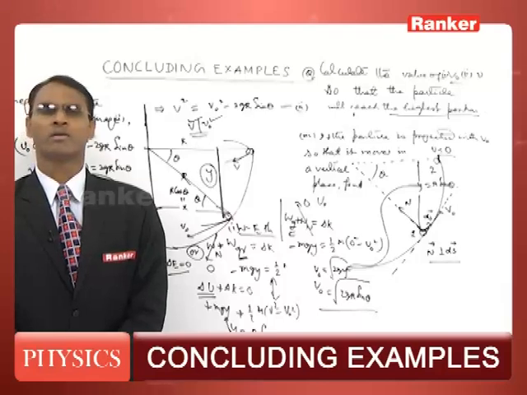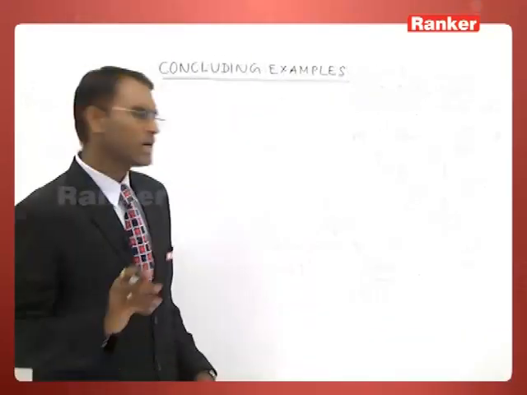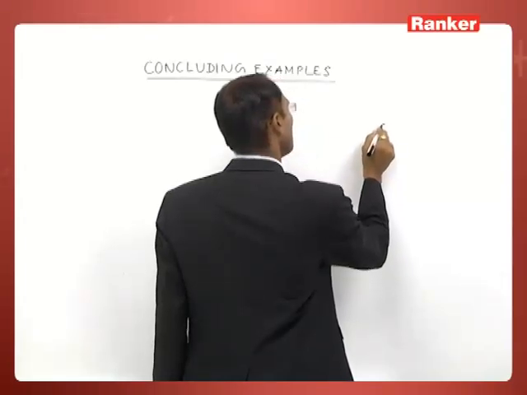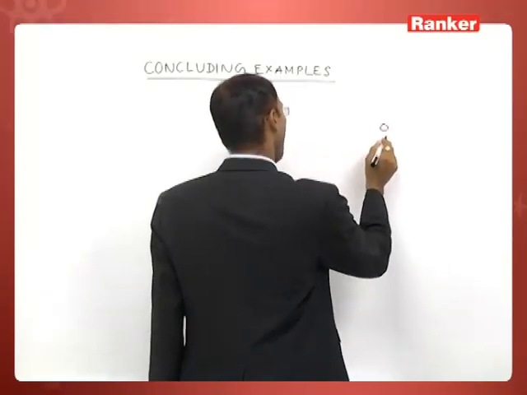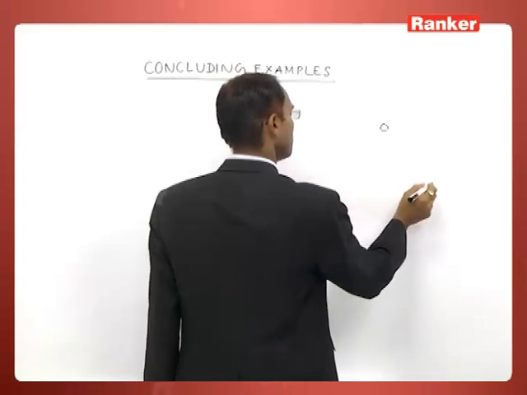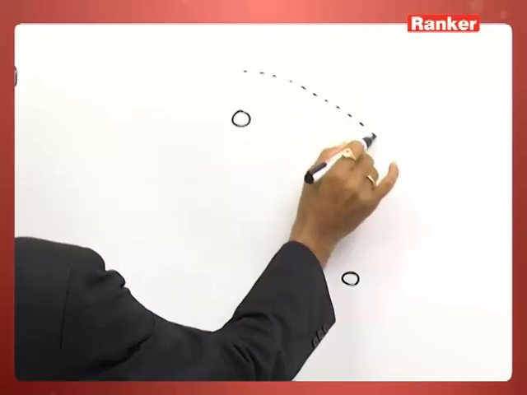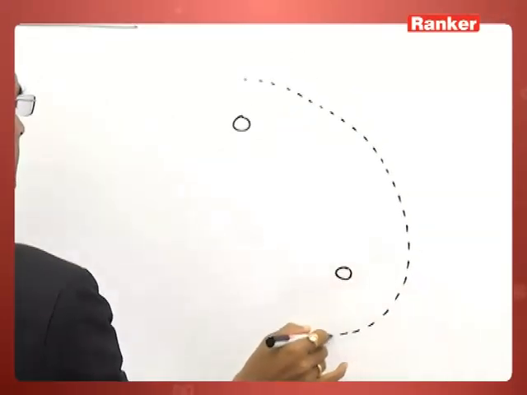Let us go for the next example. Let us find the angular momentum of a system of two particles.